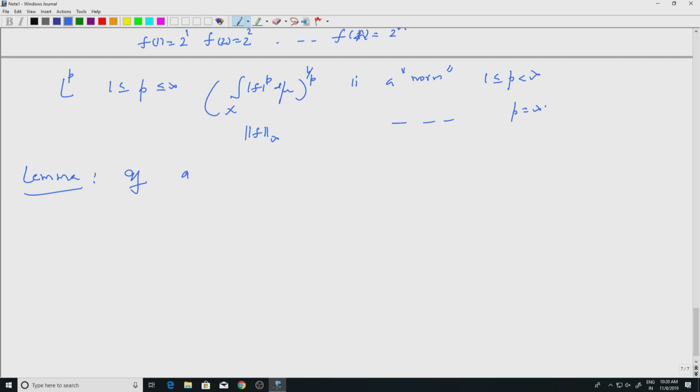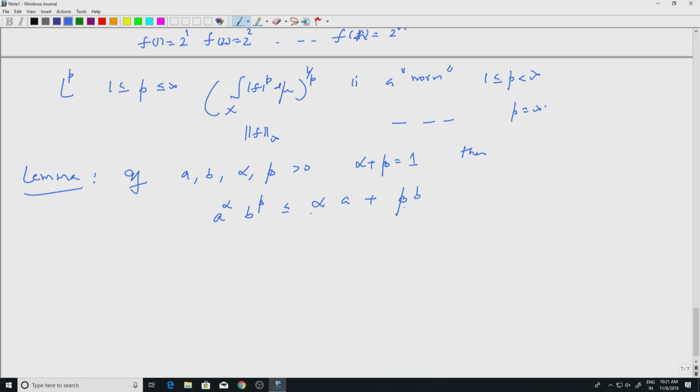If a, b, alpha, beta are all positive numbers with alpha plus beta equal to 1, so this is like the convex combination, then we have a to the alpha, b to the beta is less than or equal to alpha a plus beta b, right.